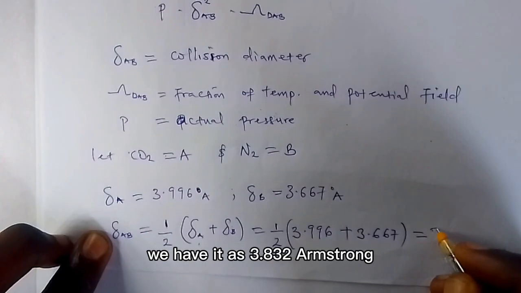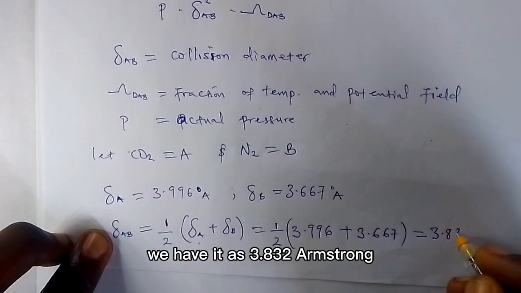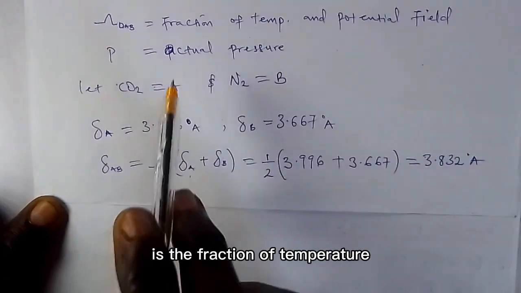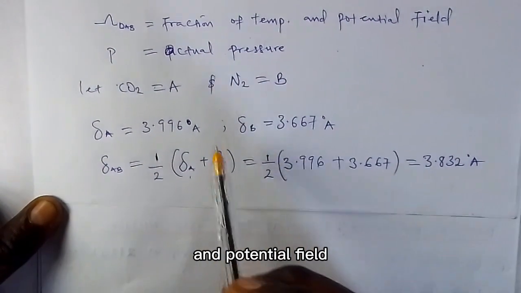We have it as 3.832 Angstrom. So the next thing we're going to calculate is the function of temperature and potential field.